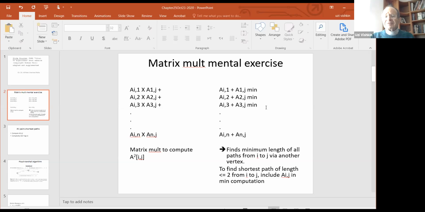Does this make sense? So by doing something which is a one-to-one match to multiplying a matrix by itself, I'm getting the shortest path of length at most 2 from any i to any j.